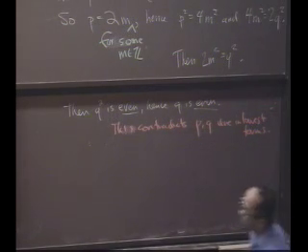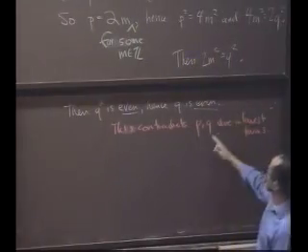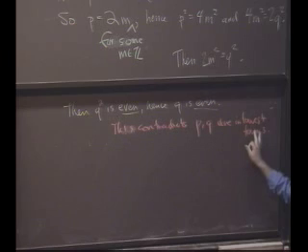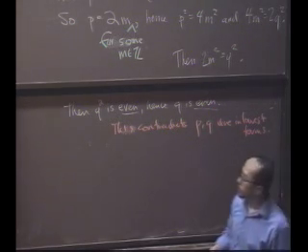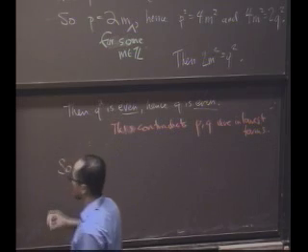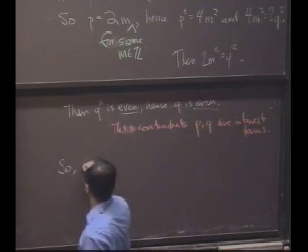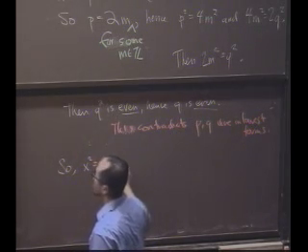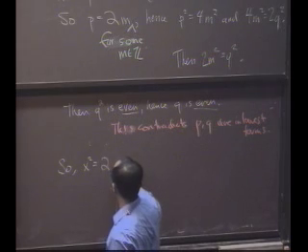This means that the assumption that x squared had a solution yielded a logical impossibility, a contradiction. Therefore, what? So, x squared equals 2 must have no solution in Q.